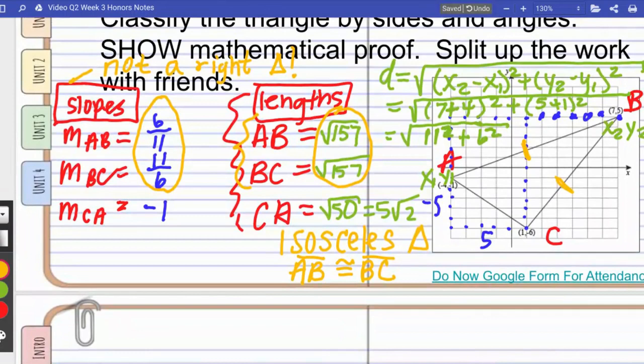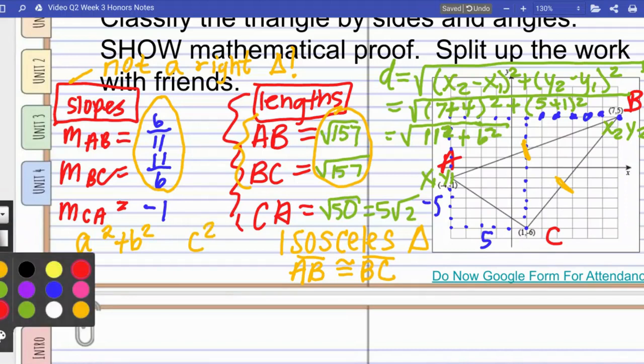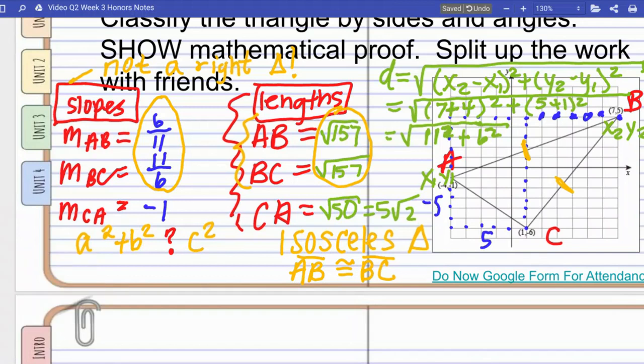To figure out if this triangle is acute or obtuse, we use the Pythagorean theorem, a squared plus b squared, and we have to figure out if that's going to be less than, greater than, or equal to c squared. Normally, I tell you guys that c is the longest side, but in this case, on our lengths, we actually have 2 sides that are equal and 1 side that's not.